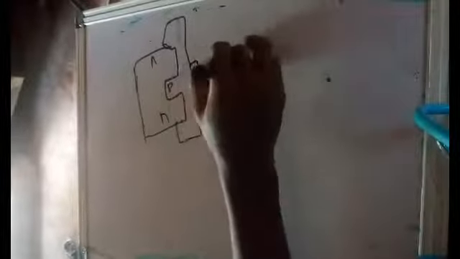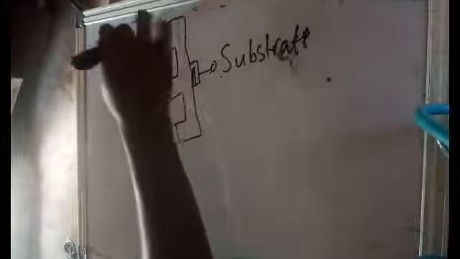So you have the NPN. This is the schematic representation of a MOSFET. This is the substrate, then this is the drain, and this is the source.